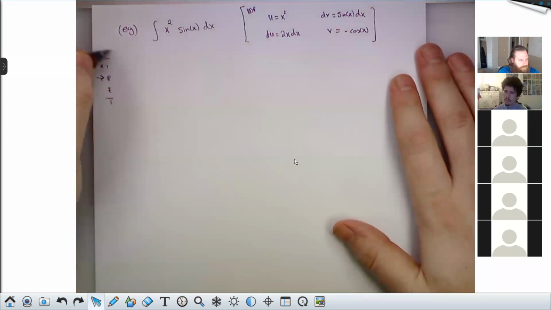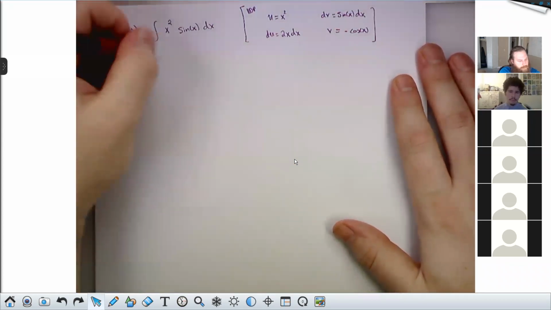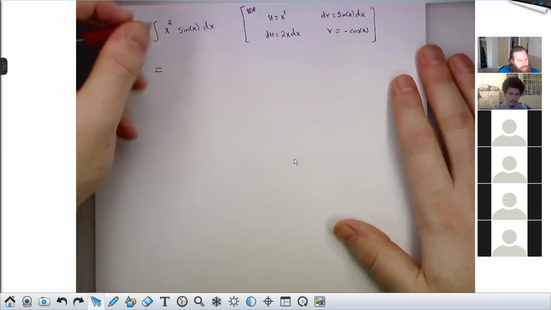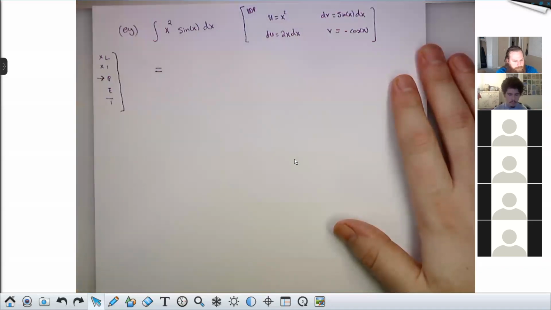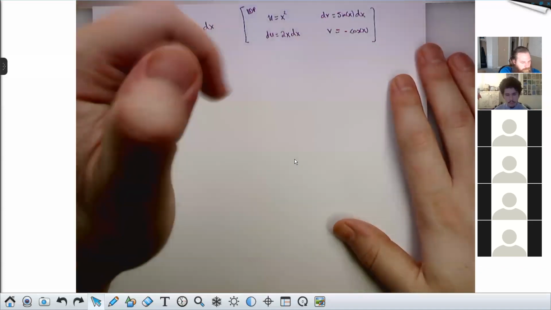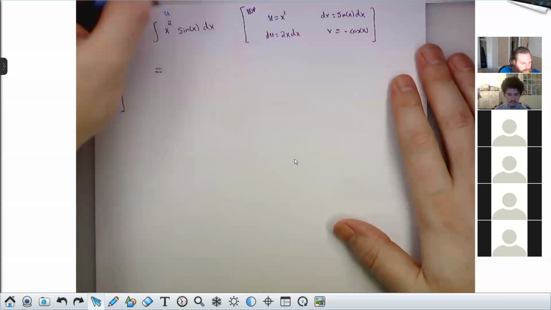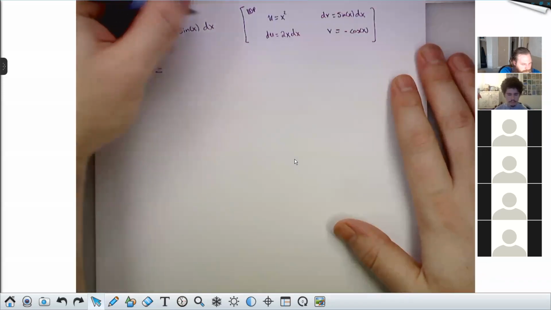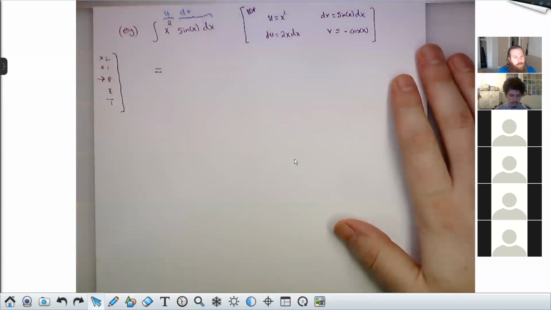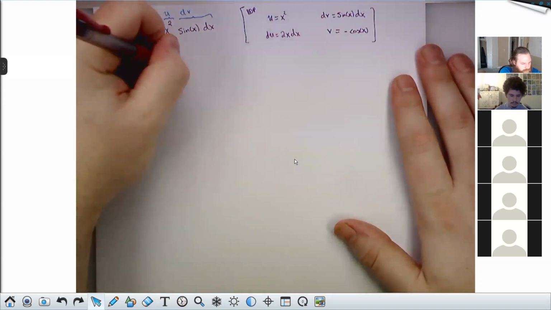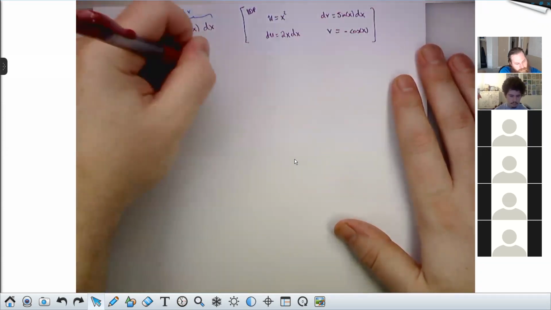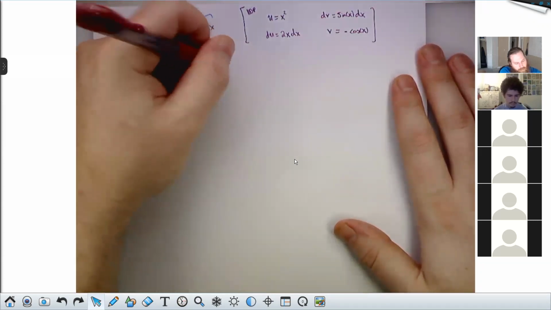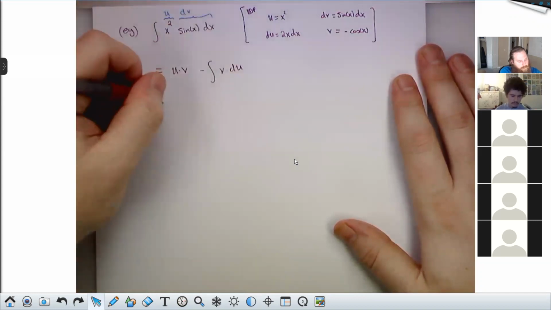And then following my integration by parts formula, the integral of u times dv is always u times v minus the integral of v times du.